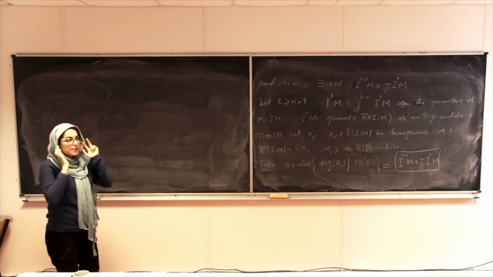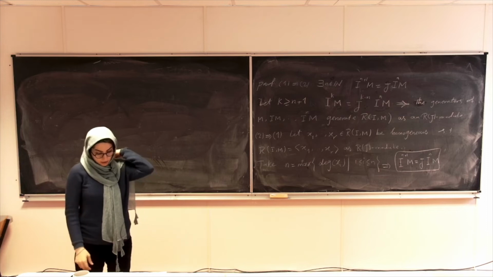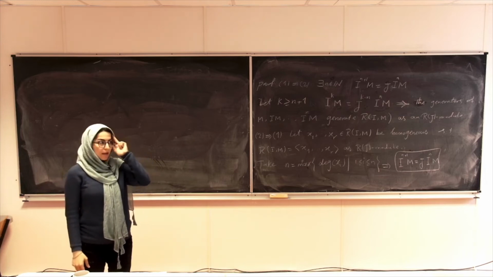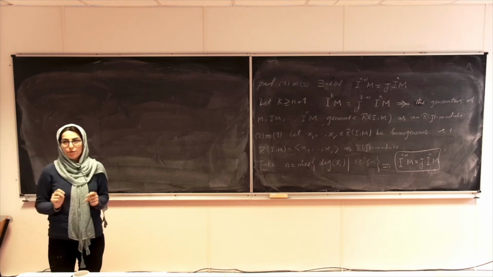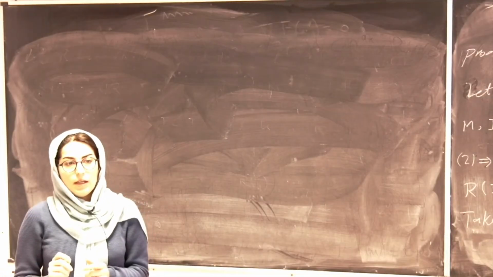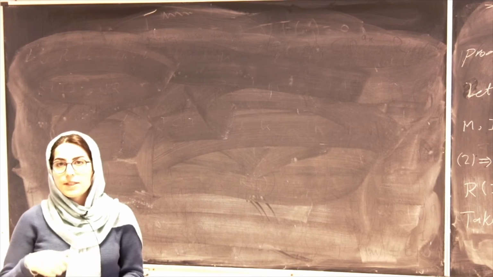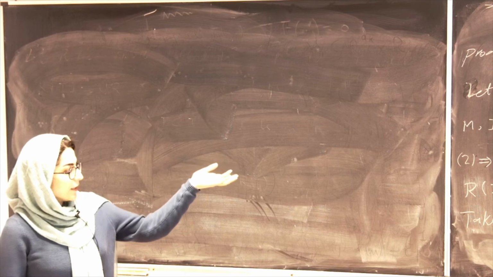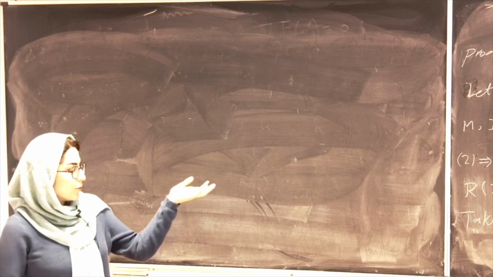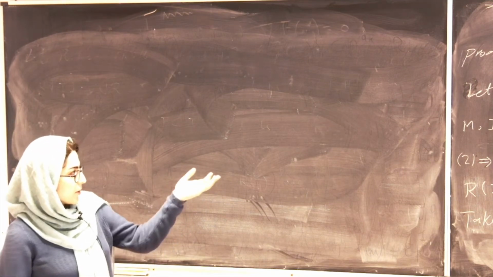So let me explain what our next goal is. So far we understood that we can compute the multiplicity of M with respect to I by the multiplicity of M with respect to some reduction of I, and we saw an equivalent condition for an ideal to be a reduction of I in terms of this Rees module.